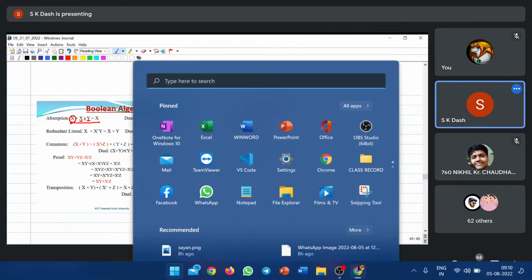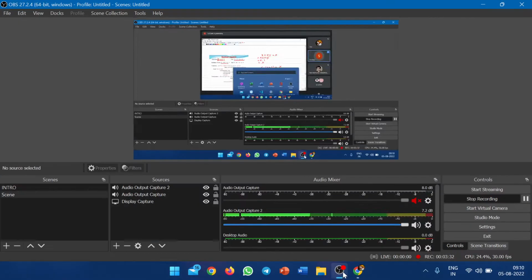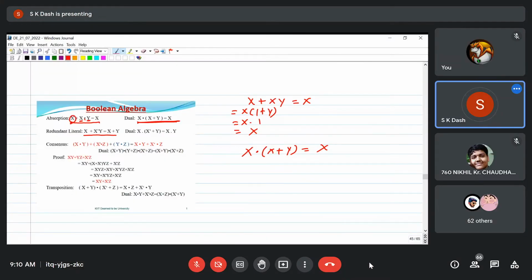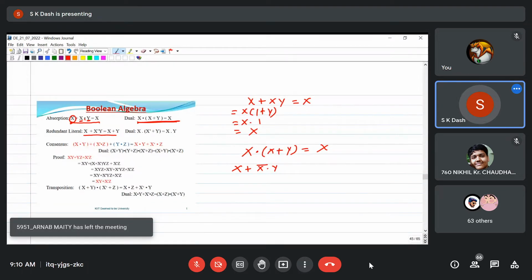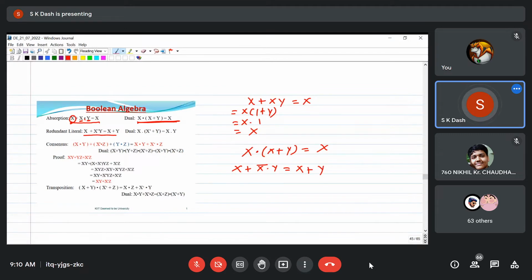Next is the redundant literal rule. As per this theorem, x plus x bar dot y, the variable plus its complement dot any other variable, will be the same as x plus y. So basically this literal can be removed. Let us prove that.